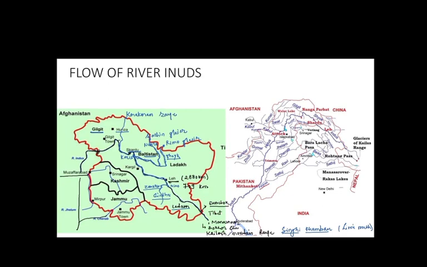Then after Indus is joined by Hunza, it is flowing through the town of Gilgit and here river Gilgit is joining Indus. So Gilgit joins Indus at a place called Jaglot and Gilgit is originating from Shandur Lake.